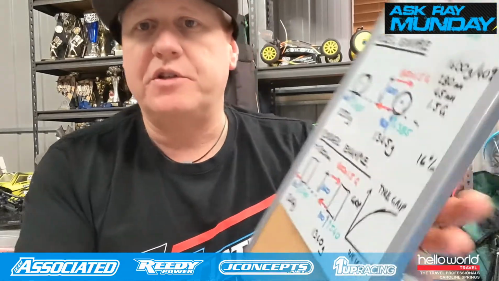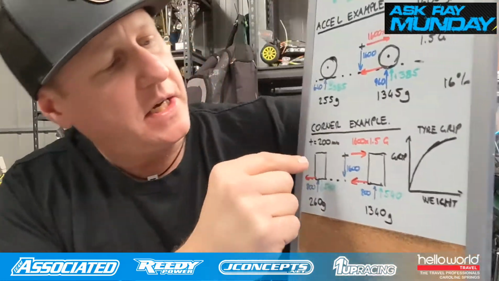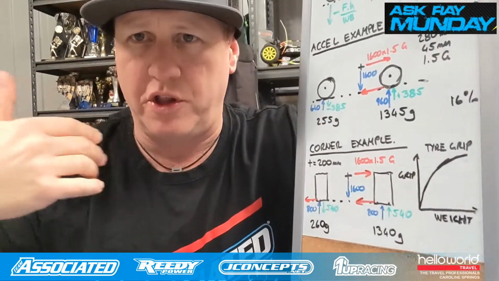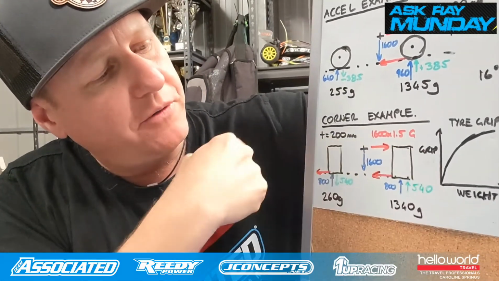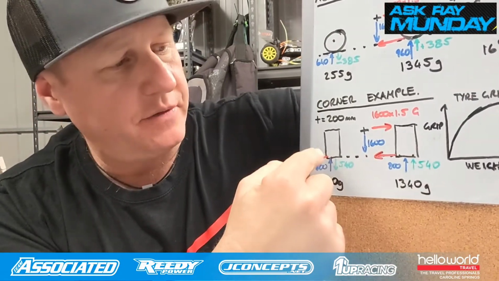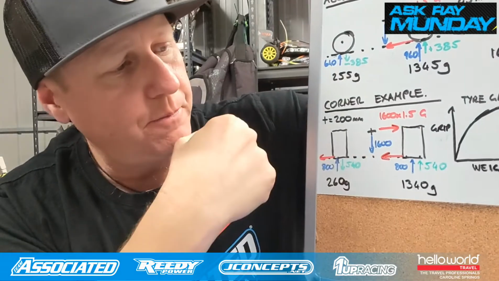Again, using the example of this 6.3D, the track width is about 200 millimeters. So the cars are a bit narrower than they are long. With a track width of about 200 millimeters at 1.5 G cornering, if this is the right hand and left hand side here, we're going to start with about 800 grams on each side in blue.